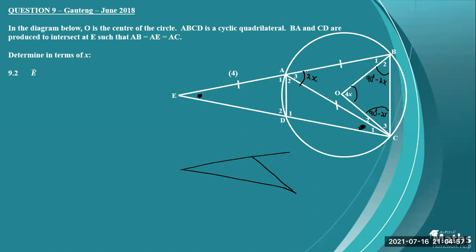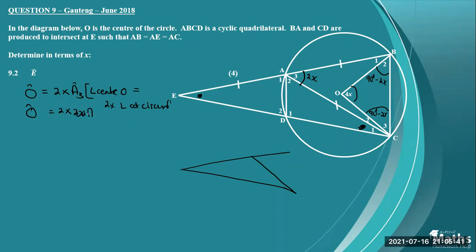Okay, let me show you. So I'm firstly going to say that you can either say angle O is equal to 2 times angle A3, or let's just write here, angle at the center of the circle is equal to 2 times the angle at the circumference. So angle O is equal to 2 times angle A3.